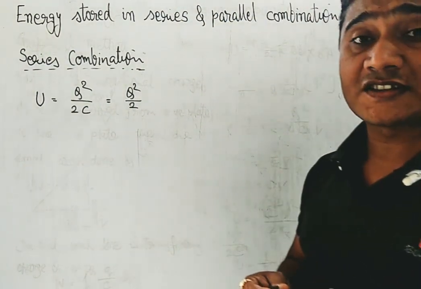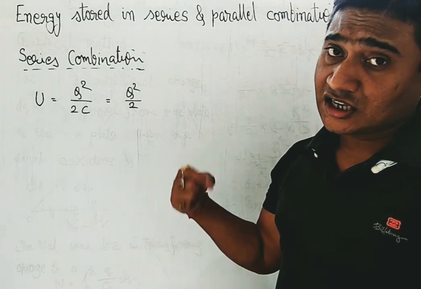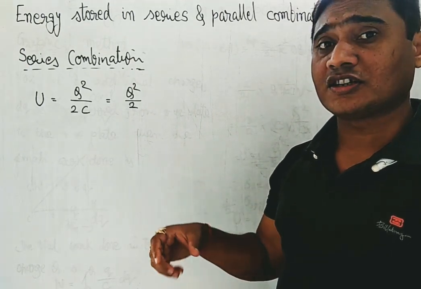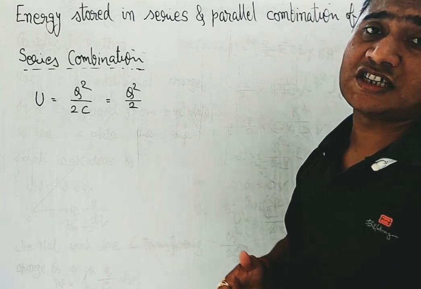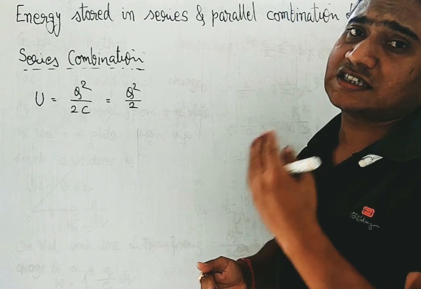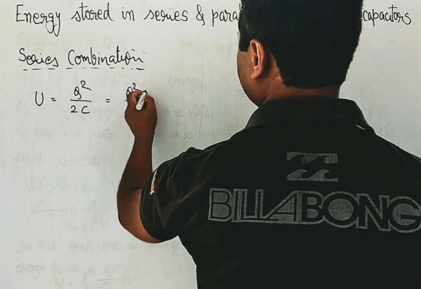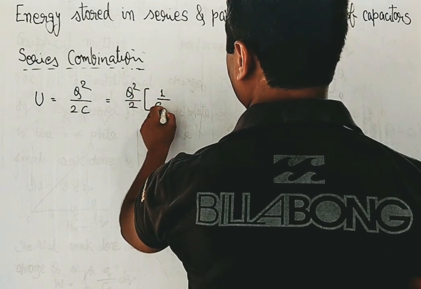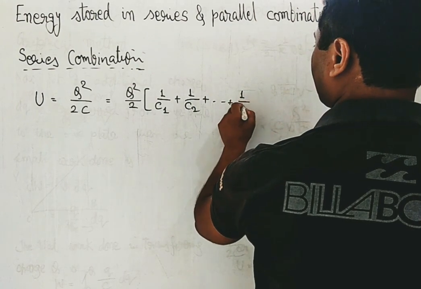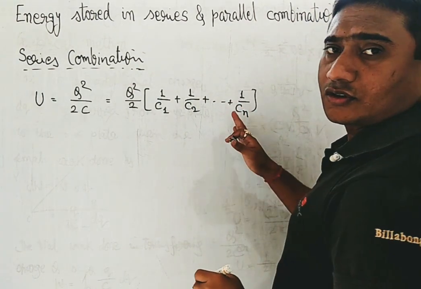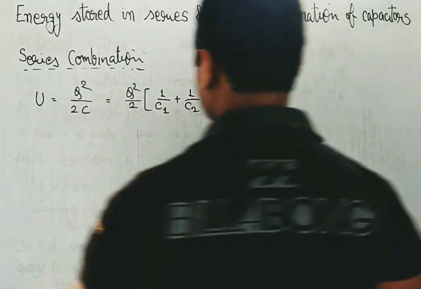C is the capacitance of the equivalent capacitor representing the series combination of n capacitors having capacities C1, C2, C3 and Cn respectively. So this 1 upon C will be written as 1 upon C1 plus 1 upon C2 plus dash 1 upon Cn.